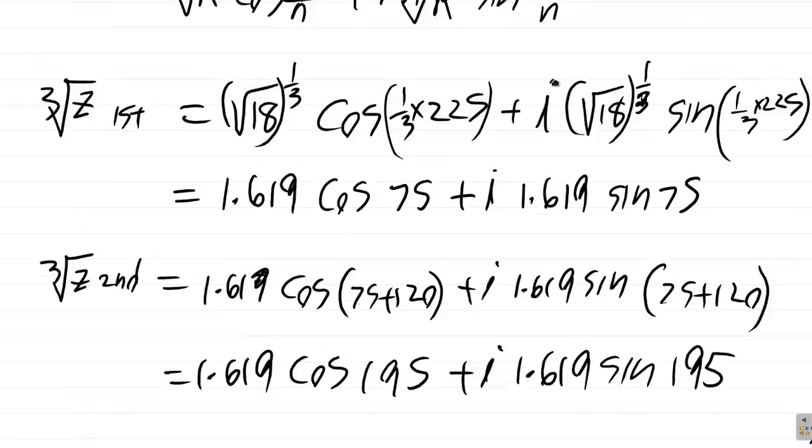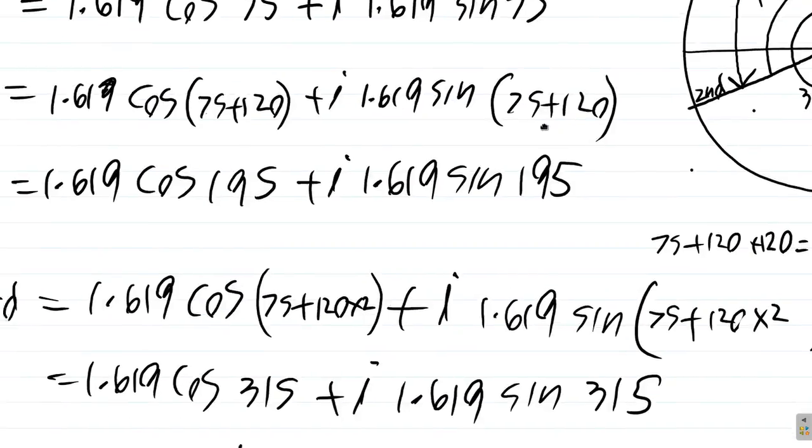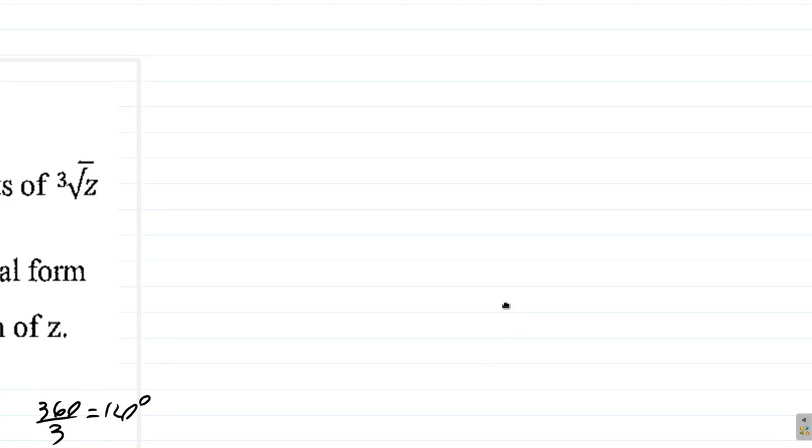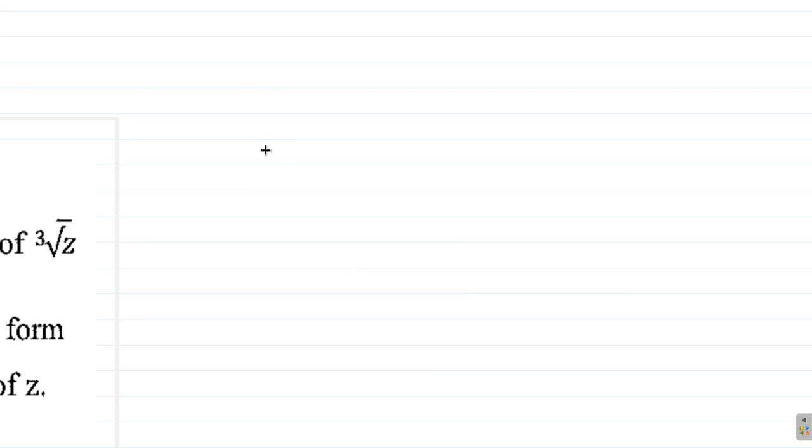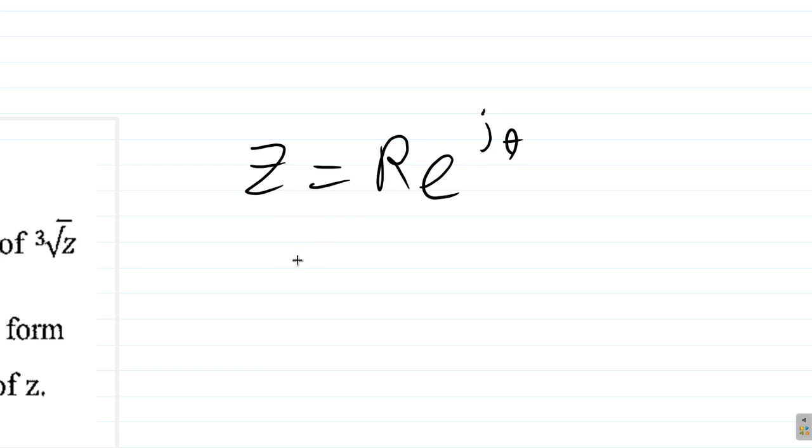So remember the exponential form of z. Let's write it on the right here because we run out of space. The exponential form would be r e to the j theta. In this case, i theta you will have.